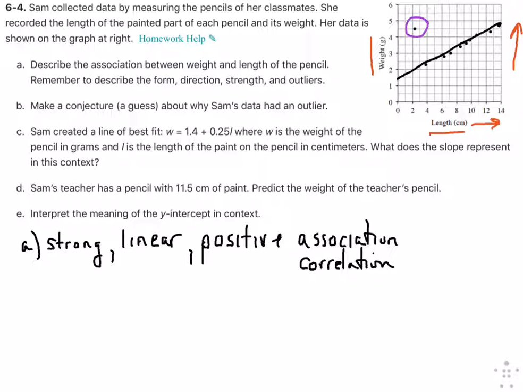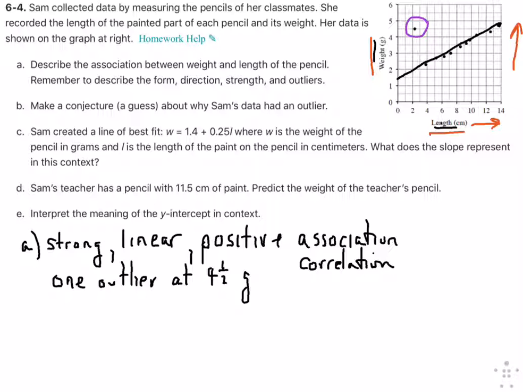We could say there's one outlier at about 4.5 grams, or we could say there's one outlier at about 2.1 centimeters. You could use the length to show where it is or the weight. You're just giving an estimate there. Okay, so we tackled A.